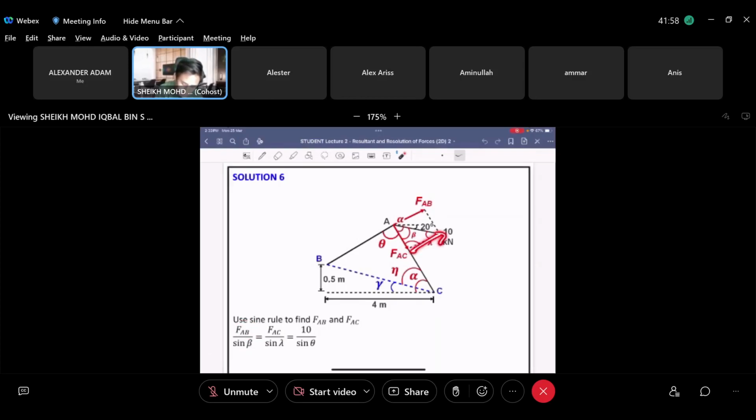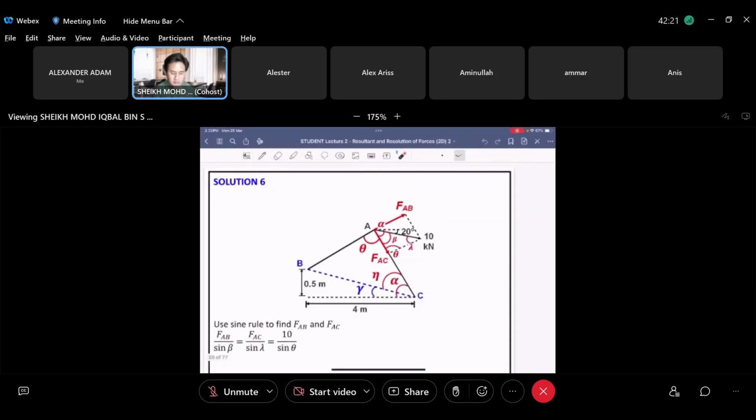The opposite of it is beta. So FAB divided by sine beta equals FAC over sine lambda, which equals the resultant force over sine theta, its opposite. So this one equals this one equals this one. You can straight away solve it and find your magnitude, FAB and FAC, right?